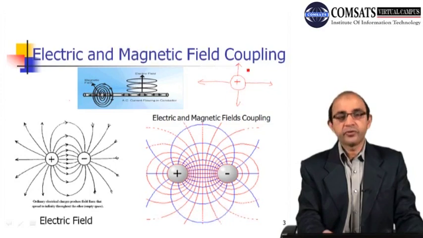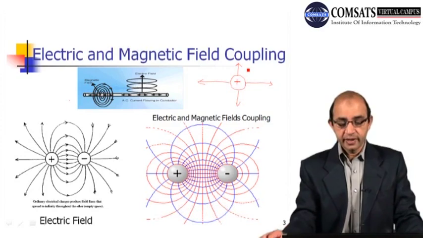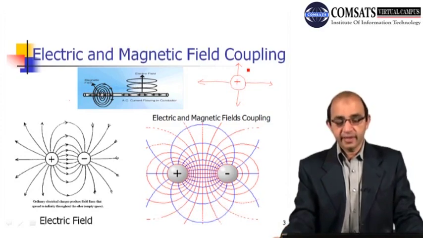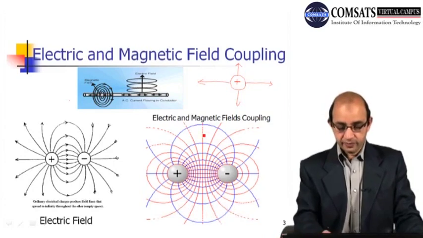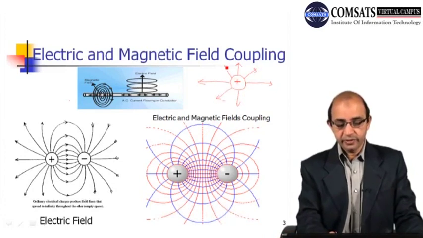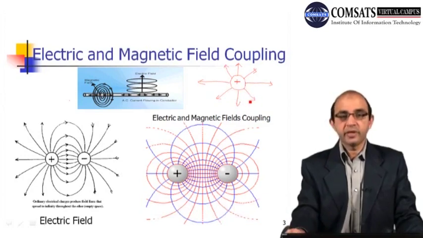So there are a few properties. These lines of force will not be intersecting each other, so we have different electric lines of force. Actually they are originating from the positive charge.